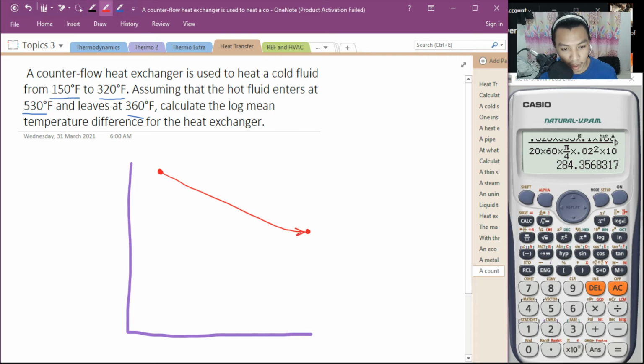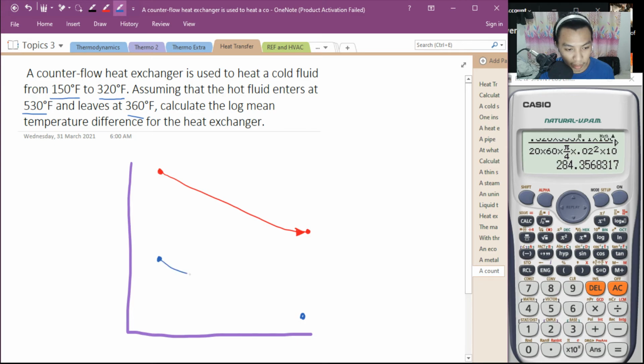Yan, papunta riyan. Yung fluid mo, it will leave at 360. So, counterflow, nandito. 360. Tapos, 320 tapos 150. Konti lang yung inangat niya. 320. Ayun. 320 dito. Tapos, 150.